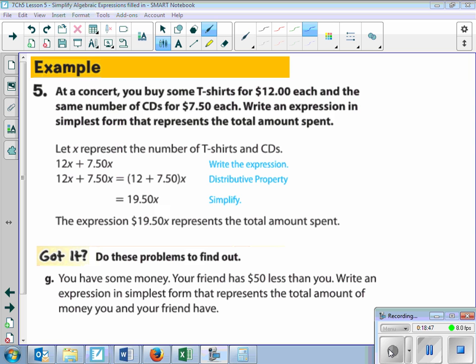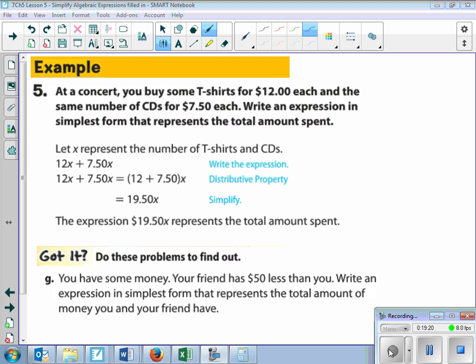Example 5 says, at a concert, you buy some t-shirts for $12 each, and the same number of CDs for $7.50 each. We want to write an expression in simplest form that represents the total amount spent. Actually, we don't know how many t-shirts.